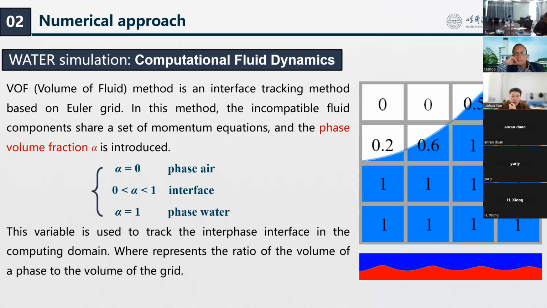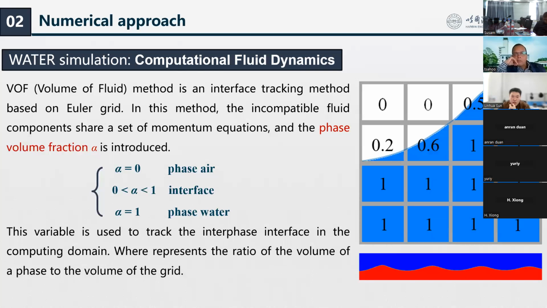The VOF method is an interface tracking method based on an Euler grid. In this method, the incompressible fluid components share a set of momentum equations, and the phase volume fraction alpha is introduced. The picture on the right shows that in the water phase alpha will be 1, and in the air phase alpha will be 0.